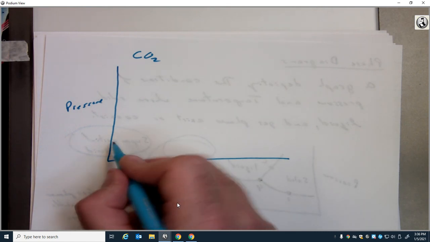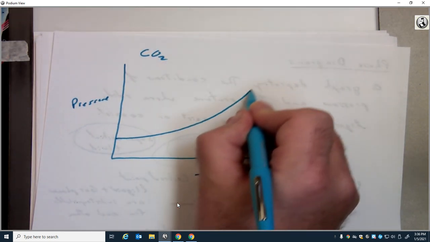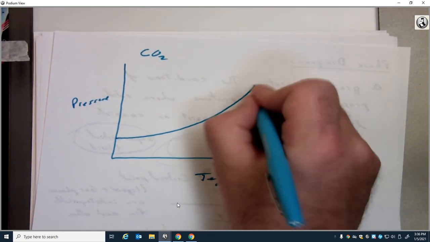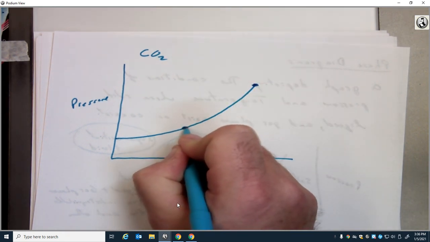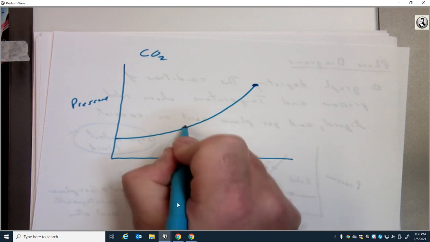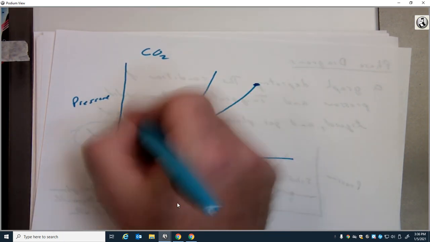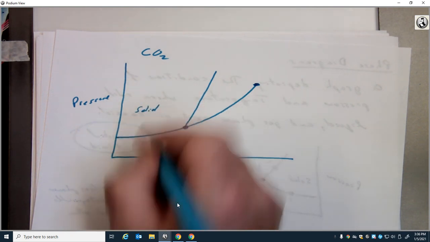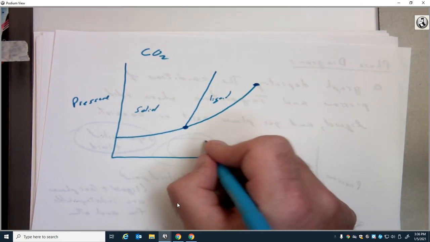All right, so it kind of looks like this. It does this big curve, something like that, to that critical point. And then there's my triple point, and it does something like this. This is where we have solid. This is where we have liquid. And this is where we have vapor.